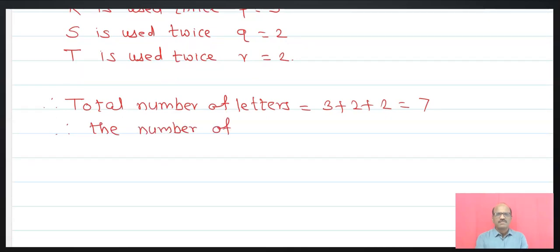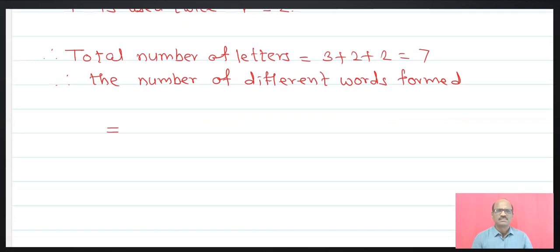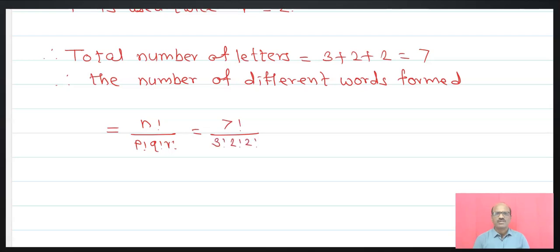Therefore, the number of different words formed is equal to n factorial upon p factorial q factorial r factorial, that is 7 factorial upon 3 factorial into 2 factorial into 2 factorial.